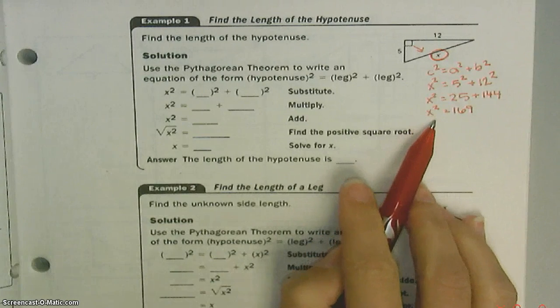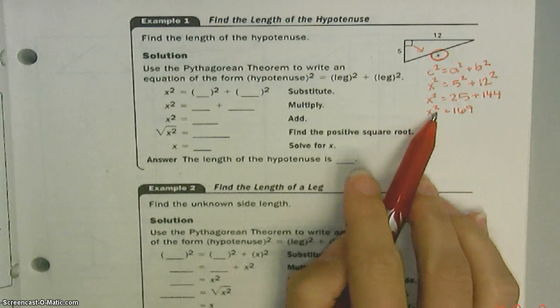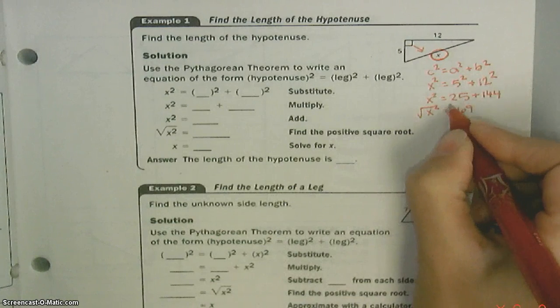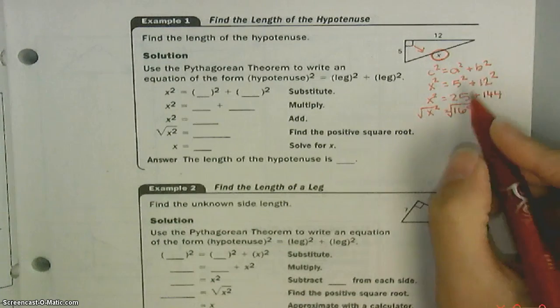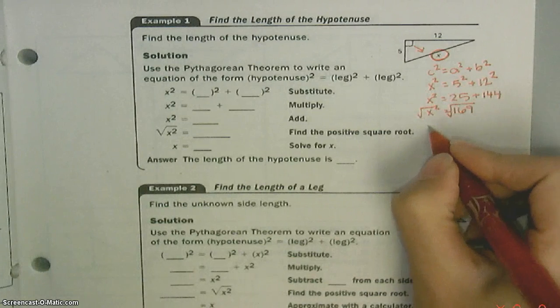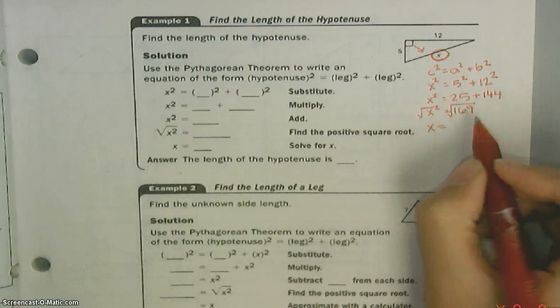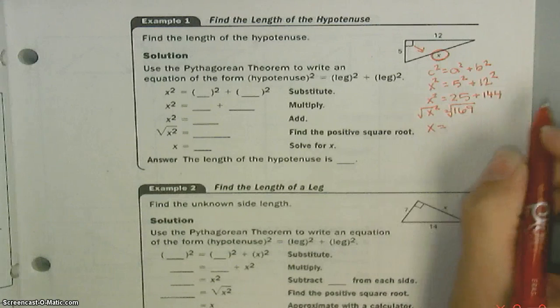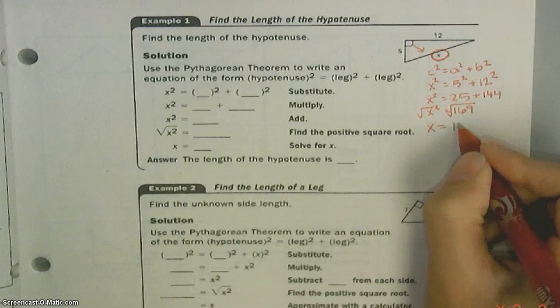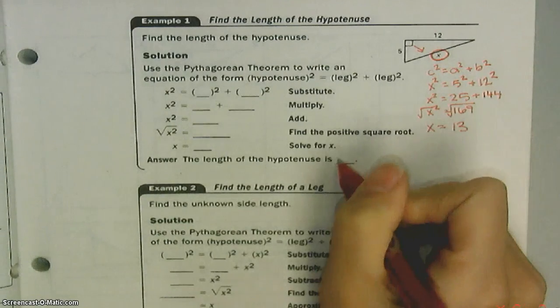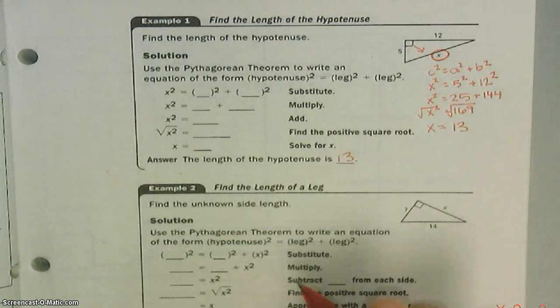I want just x, not x squared. To get rid of the squared, you have to take the square root. The square and the square root cancel each other out, which is what we want. We're left with x equals the square root of 169. You can put that in your calculator, or maybe you know that it's 13. So the length of the hypotenuse is 13.